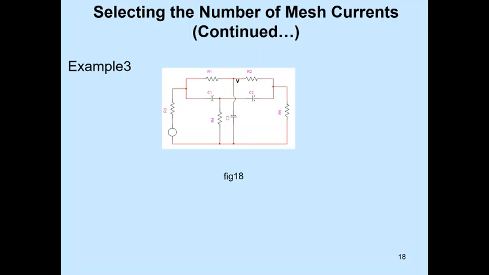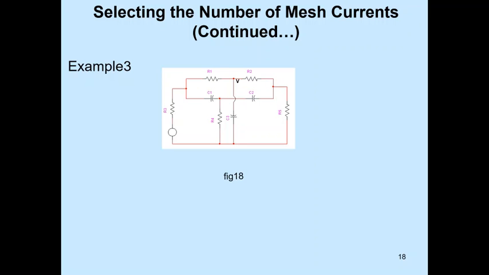And in this, how many nodes are there? R1, R3 and C1 are joined at one node, that is node 1. And C1, R4, C2 are joined at node 2. And C2, R5 and R2 are joined at node 3. And R1, R2, C3 are joined at node 4.